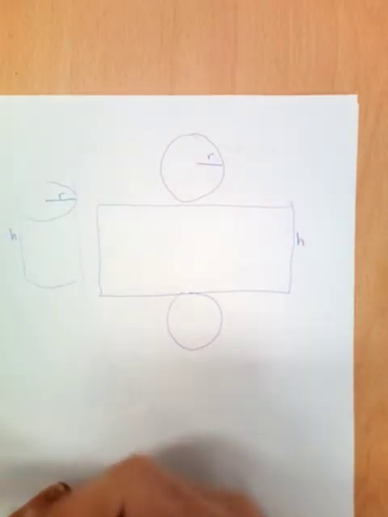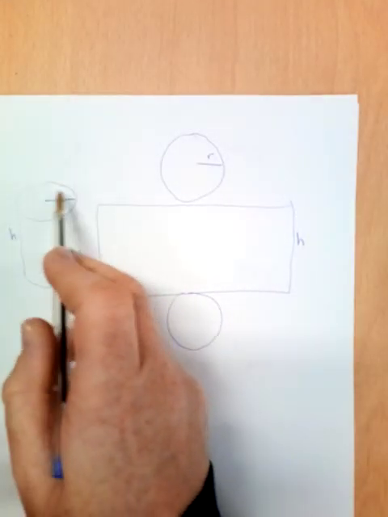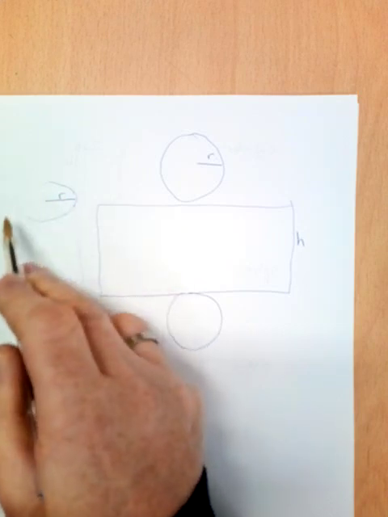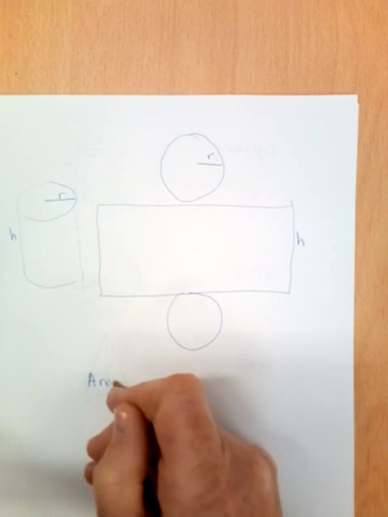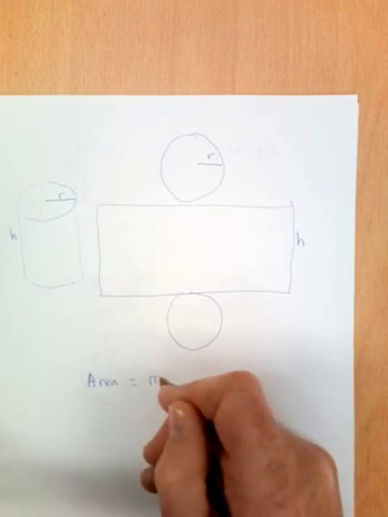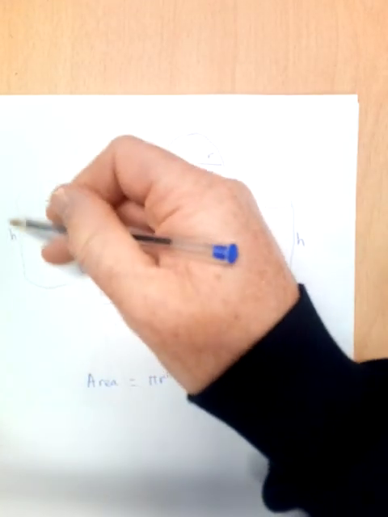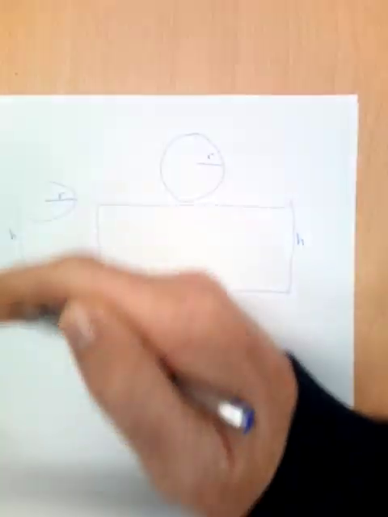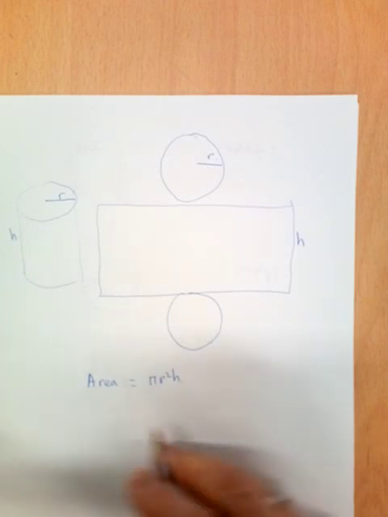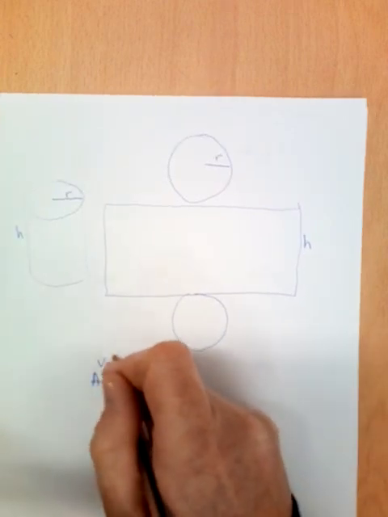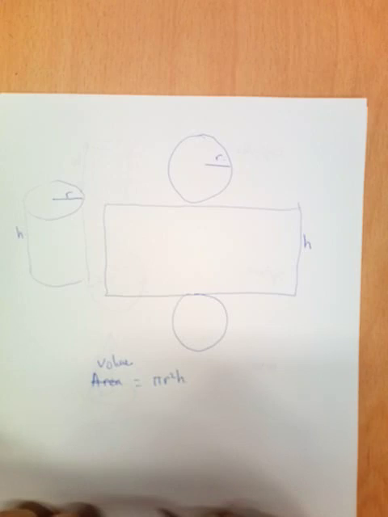In order to find the volume, it's very simple. I just have to get the area of one of those circles. We've done this before. The area of one of those circles is going to be pi r squared, and then multiply it by the height, how many of those circles are stacked up on top of each other. So that's the volume.